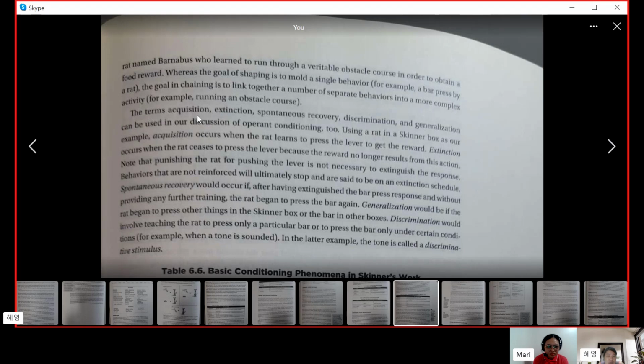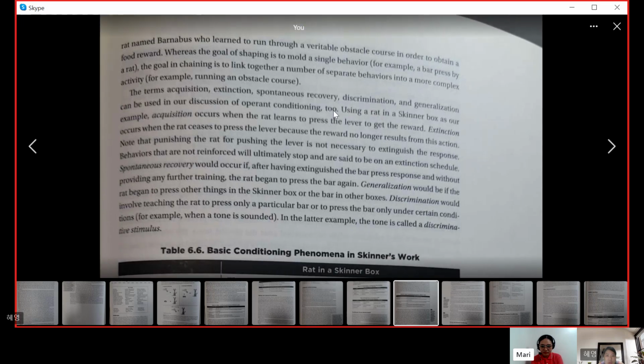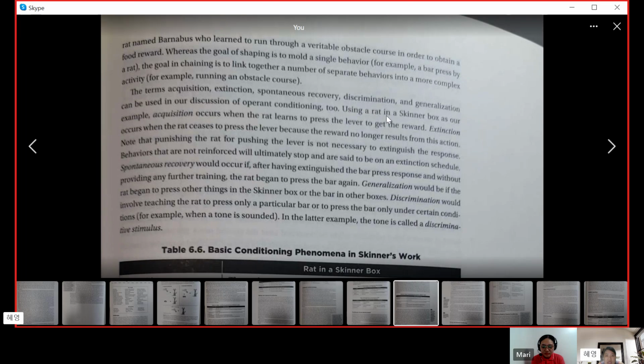The terms acquisition, extinction, spontaneous recovery, discrimination, and generalization can be used in our discussion of operant conditioning too. Using a rat in a Skinner box as our example, acquisition occurs when the rat learns to press the lever to get the reward.